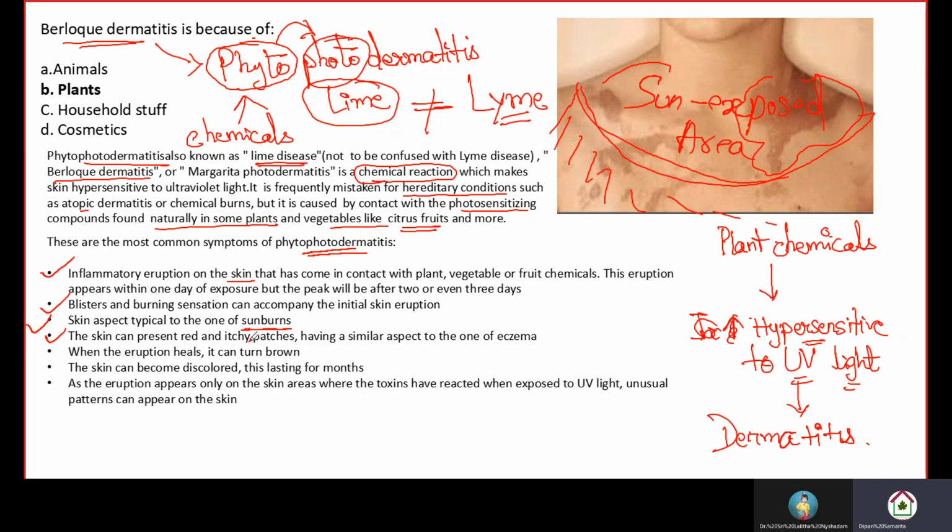The pattern of the lesion depends on how much of the skin came into contact with the chemicals, and which area of the skin got exposure to sun. So it depends. That's why the shape of the lesion varies. Okay, so this is phytophotodermatitis or Burlock dermatitis.